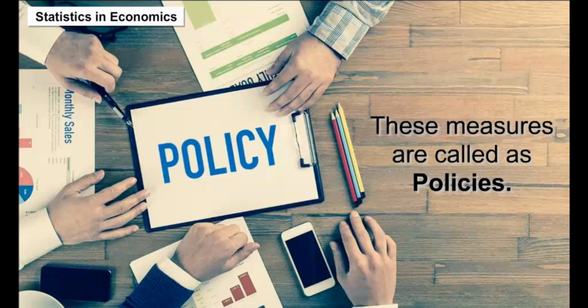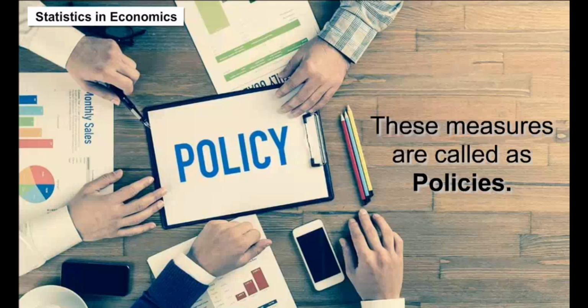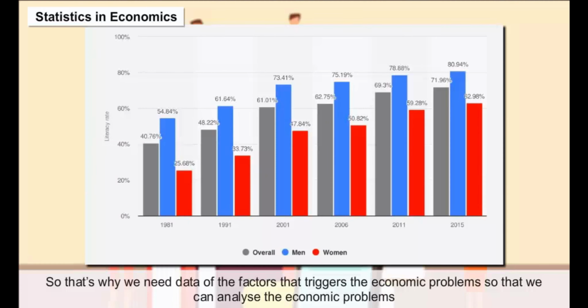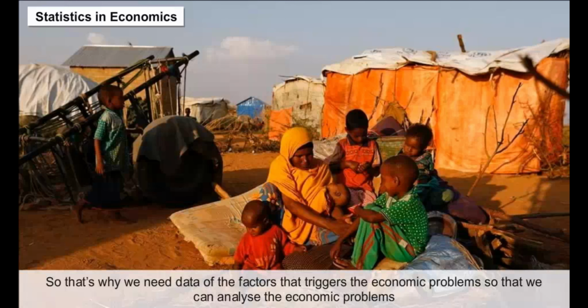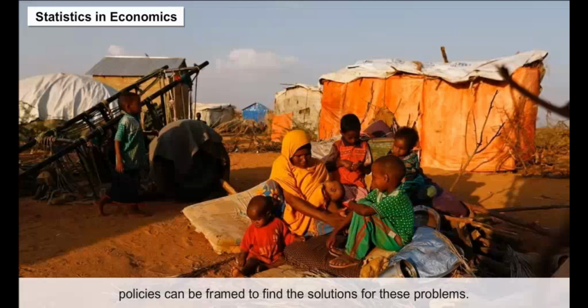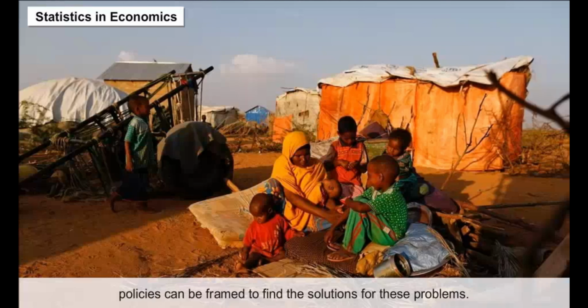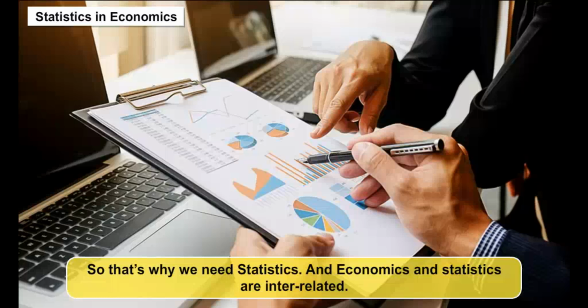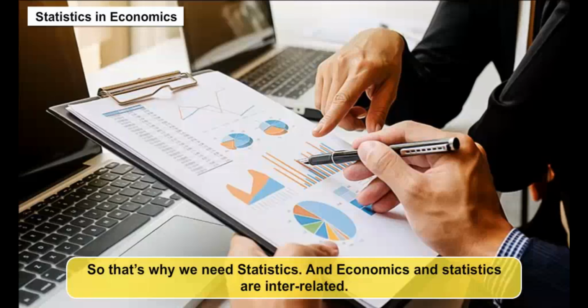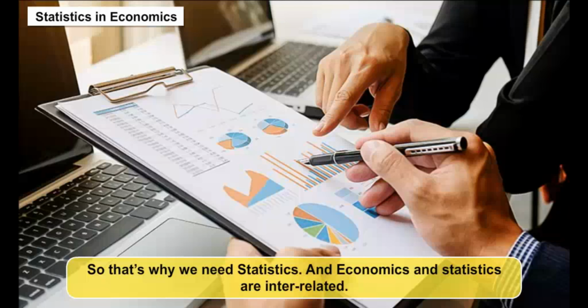These measures are called policies. That's why we need data on the factors that trigger the economic problems, so that we can analyze them and policies can be framed to find solutions. So, that's why we need statistics, and economics and statistics are interrelated.